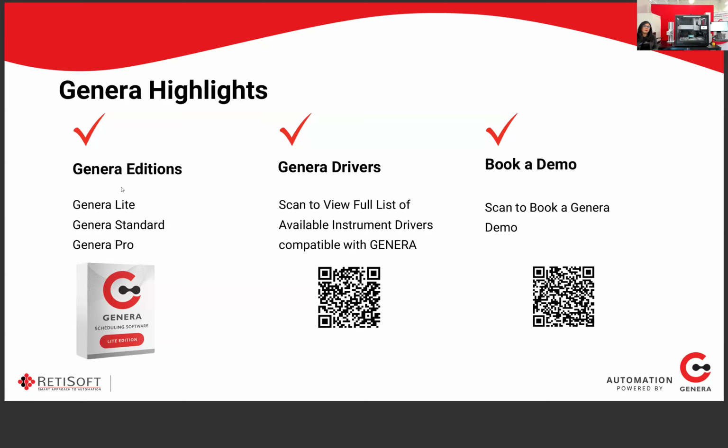But if you're a large lab that has a complex workflow with multiple robot arms with 20+ instruments, then Genera Pro would be the right fit. And you could start at Genera Lite and upgrade to Genera Pro as you get more hardware or as you're building out your workcell.